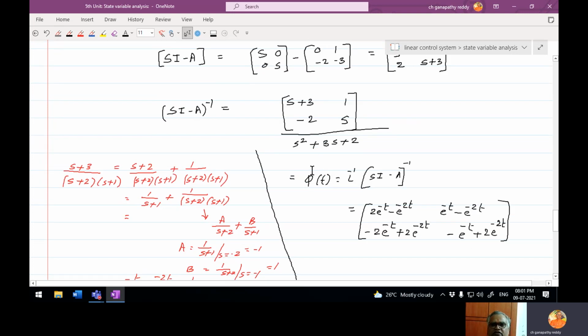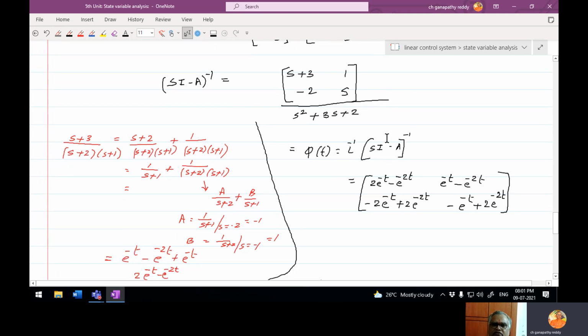So what is phi(t)? Phi(t) is nothing but L inverse of (sI minus A) inverse. So each term's inverse you have to do. Here, in red color I have shown, (s plus 3) by (s squared plus 3s plus 2) can be written as (s plus 2)(s plus 1). Then this s plus 3 can be written as s plus 2 plus 1.